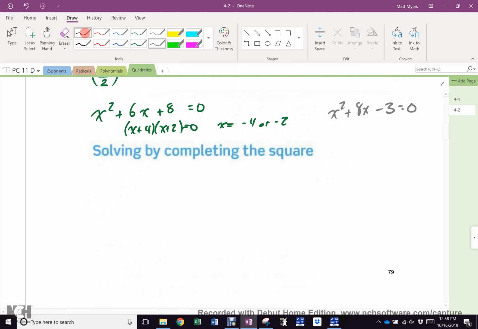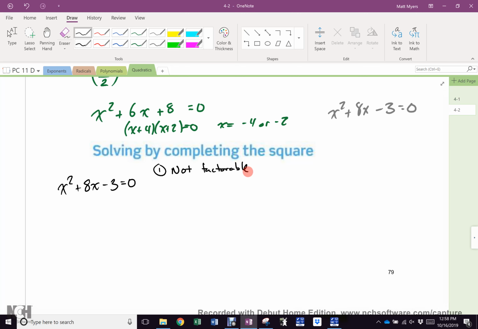So this is what we are starting with. X squared plus 8x minus 3 equals 0. And we are in trouble here because, 1, it's not factorable in any way, is it? So we're kind of screwed, right?